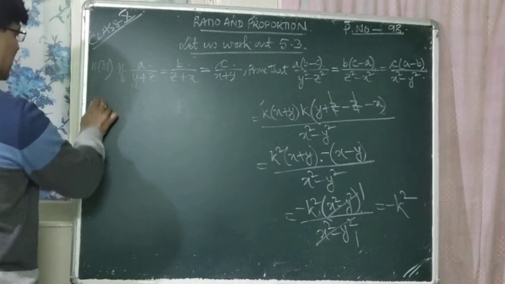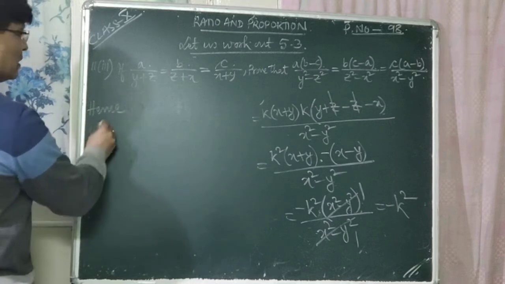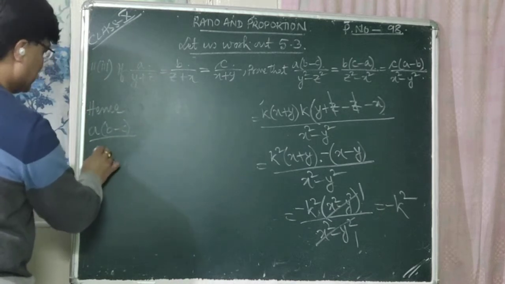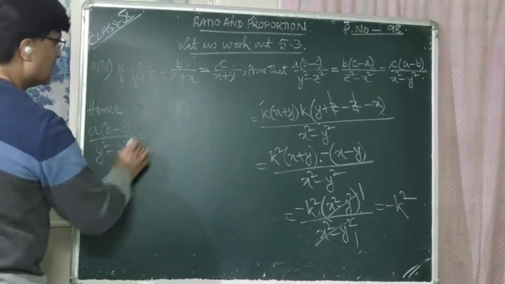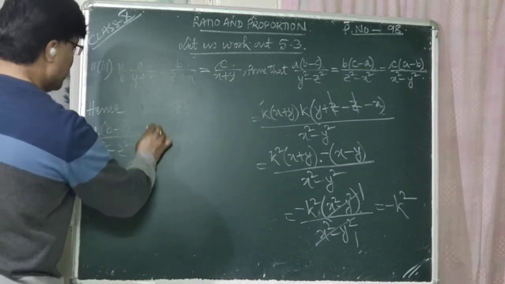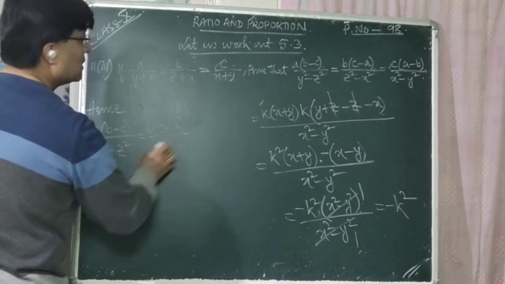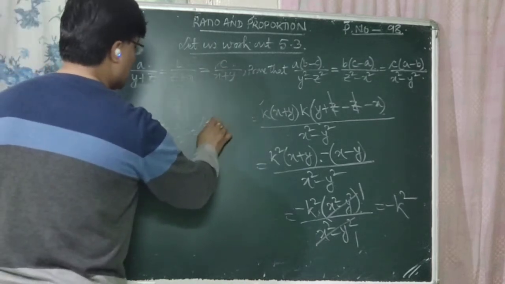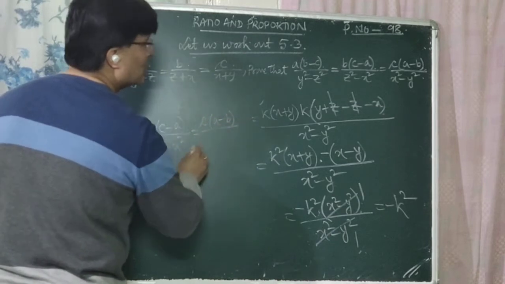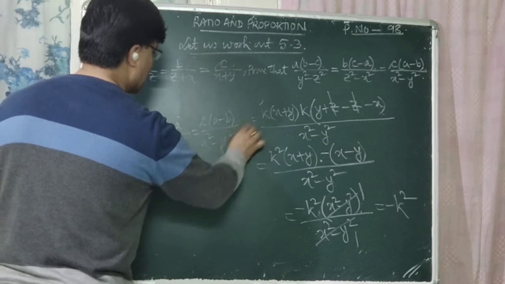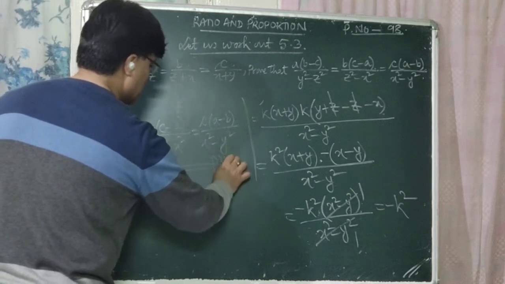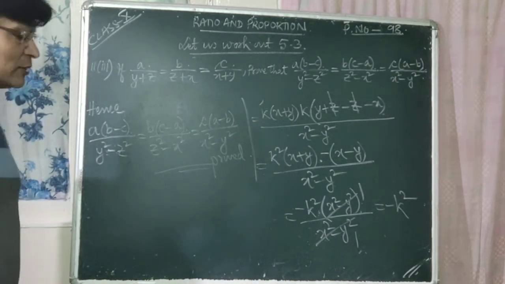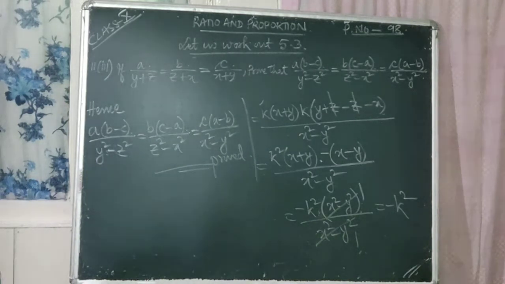So you have to write down the answer as, hence, write down the question: a into b minus c divided by y square minus z square is equal to b into c minus a divided by z square minus x square is equal to c into a minus b whole divided by x square minus y square. So it is proved. So I think you have understood it. So you can copy it. Now we'll do the next question.